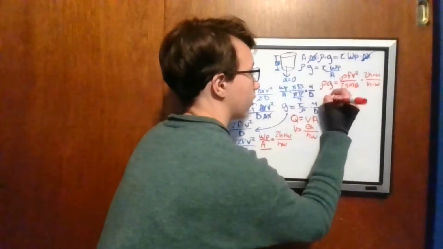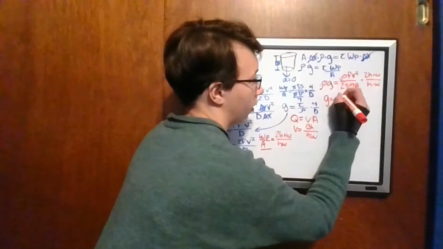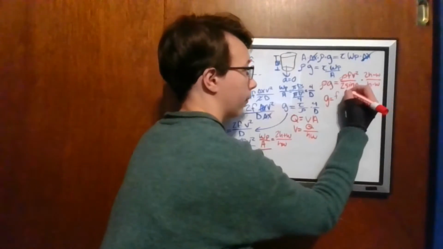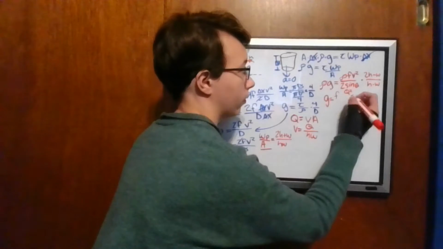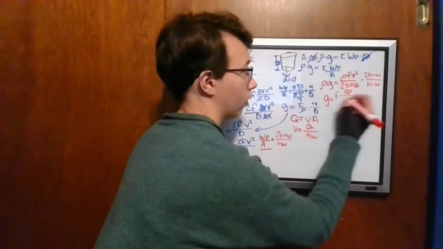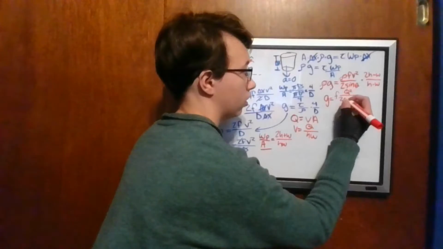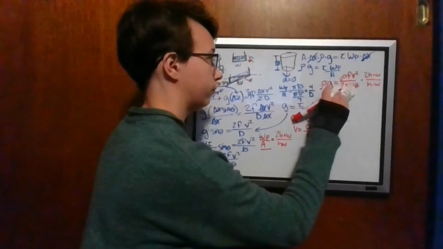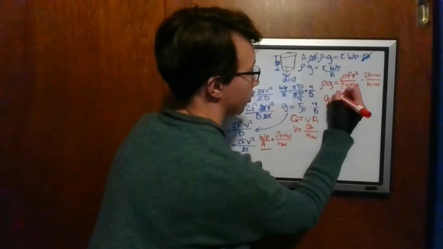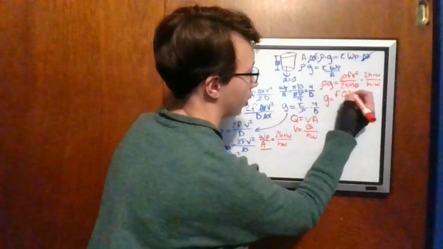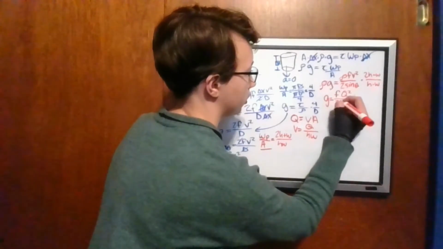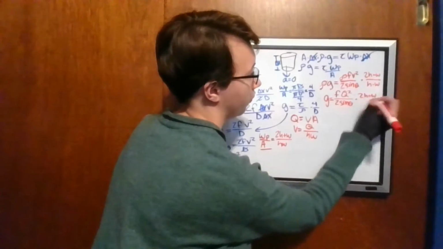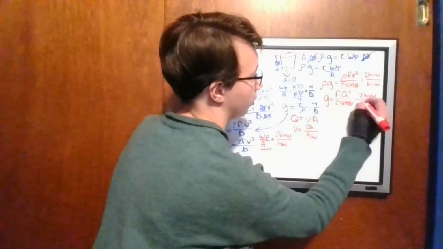So we have that the acceleration due to gravity is equal to fanning friction factor times velocity squared, so we're going to square this, and we get Q squared over 2, it's kind of messy, so we've got fanning friction factor times Q squared over 2 sine theta times 2h plus w over hw cubed.